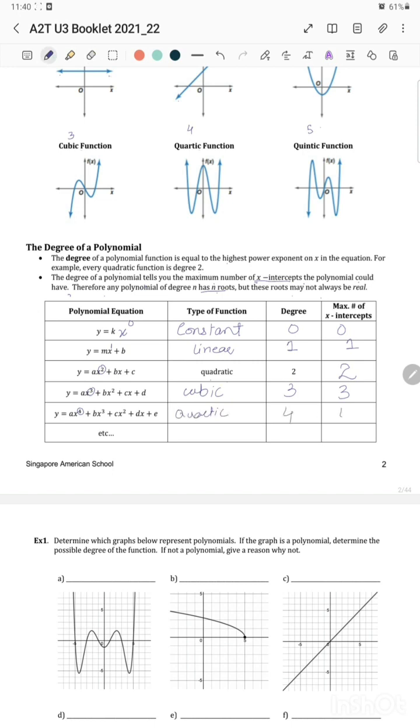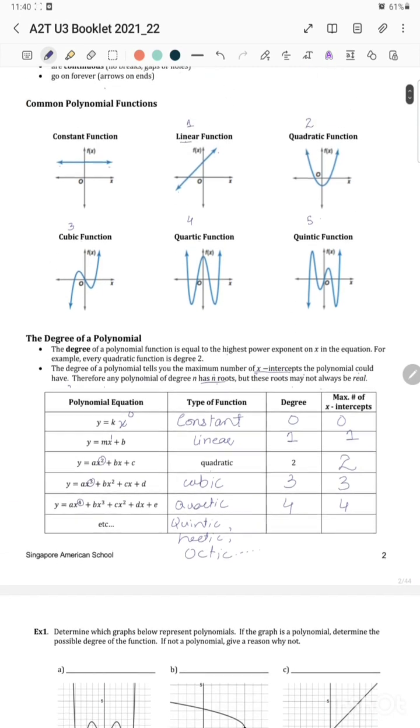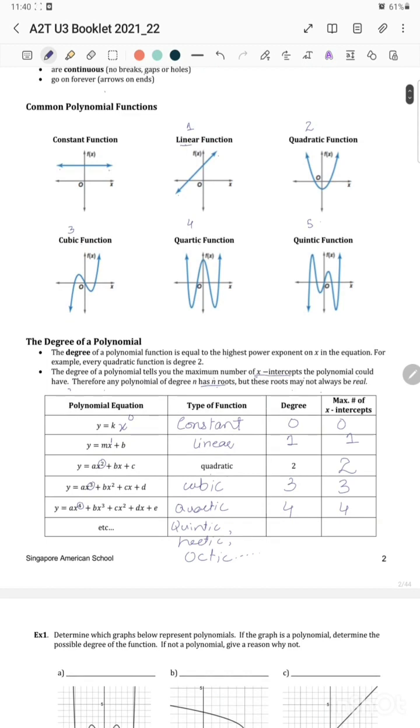Degree is 4 and x-intercepts are 4. And the next would be quintic or heptic or octic and furthermore.